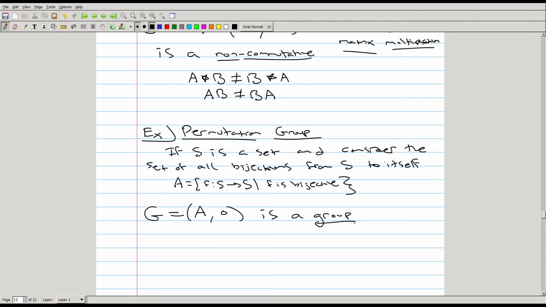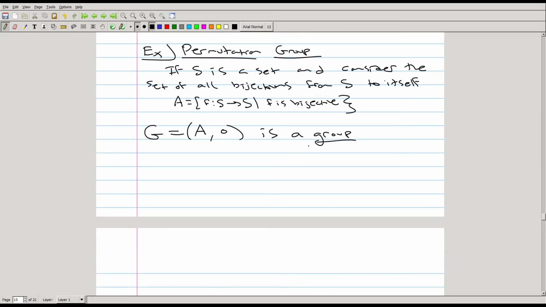So for any bijective function here from S to itself, or any permutation of the set S, we can always find a corresponding bijection that reverses this permutation. So the group operation here is function composition.